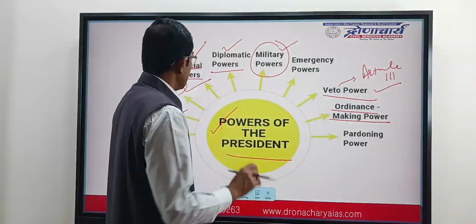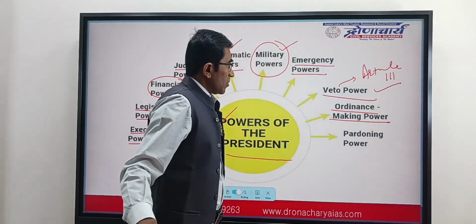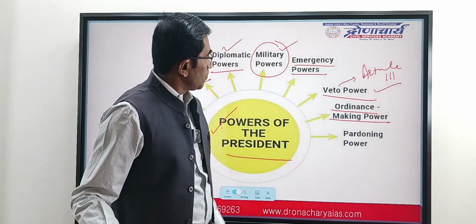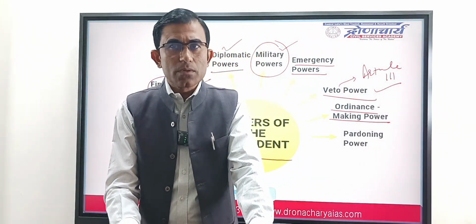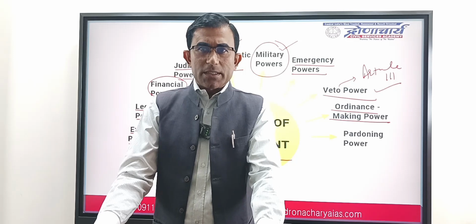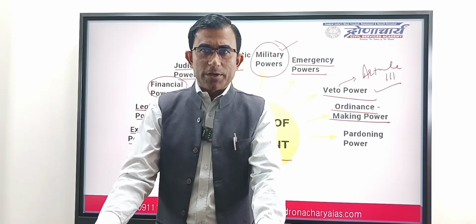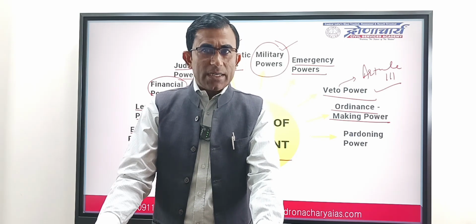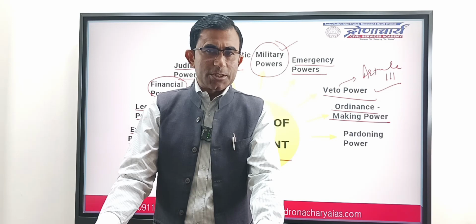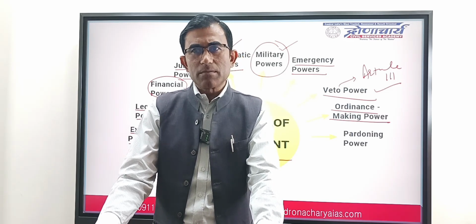Next is emergency powers. This is a very important power from the point of view of the main exam. To protect the state's sovereignty, unity, integrity, and security, Part 18, Articles 352 to 360 of the Indian Constitution provides emergency provisions.